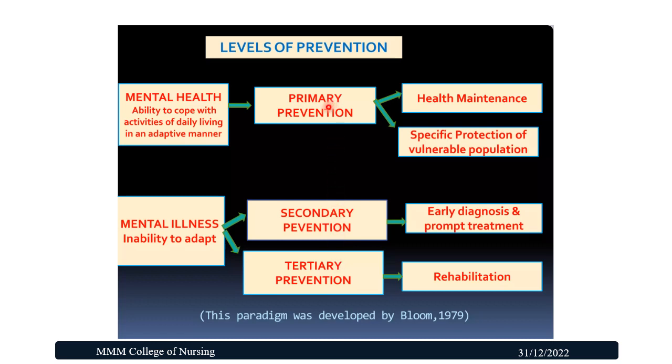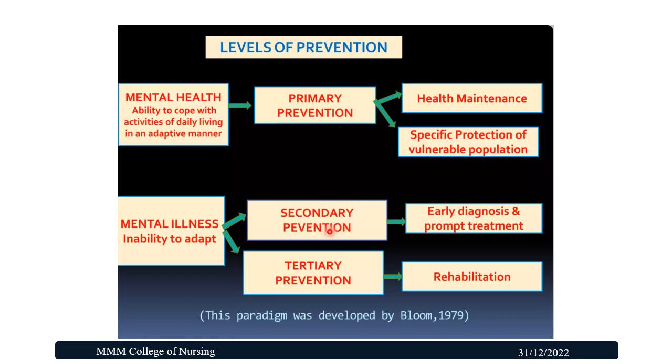Primary prevention is started when the person is still in a state of mental health, with the ability to cope with activities of daily living in an adaptive manner. Primary prevention helps to prevent the occurrence of mental disorders, thereby the health of the individual is maintained and specific protection of vulnerable population is obtained.